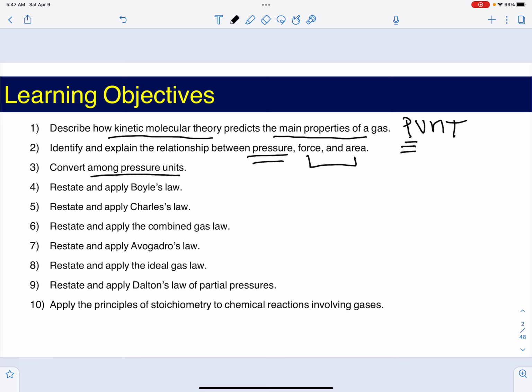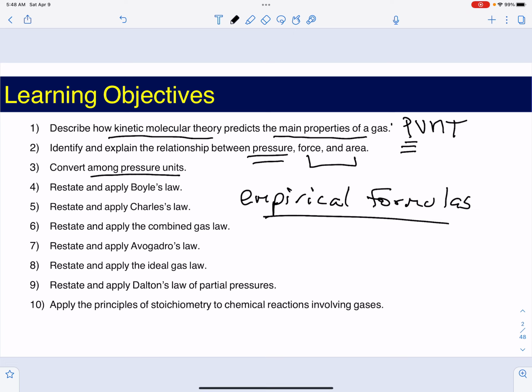Once we do that, we are going to talk about the empirical formulas, which are formulas based on experiments, which allow us to relate these four properties. One of them is Boyle's law, another one will be Charles' law, another one Avogadro's law, the ideal gas law, the combined gas law, and Dalton's law of partial pressures.